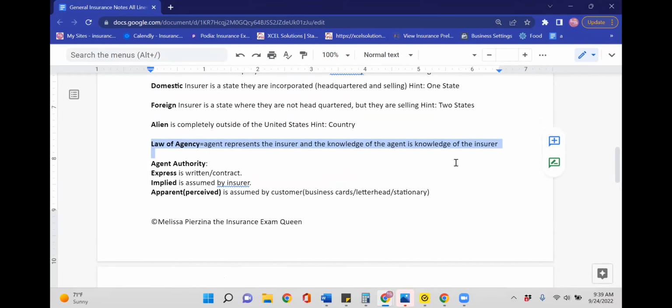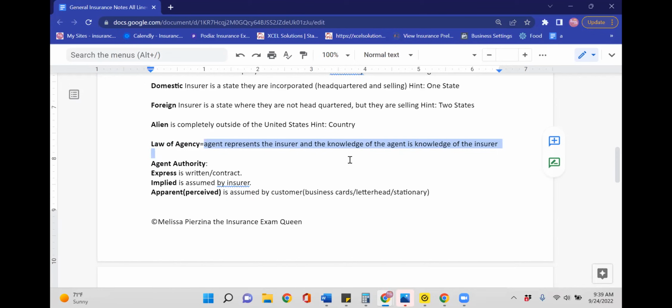First of all, I'm sorry, this definition here is not the definition of law of agency. The law of agency describes the relationship between the insured and the insurer. That's what law of agency means, but they don't really ask about that. What they ask is, what are the rules of the law of agency?